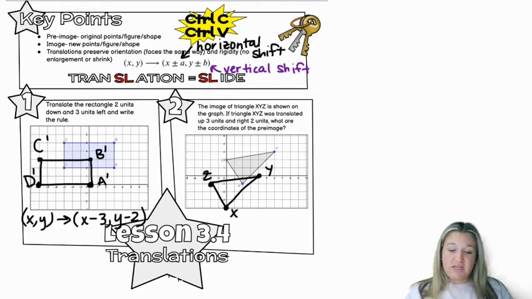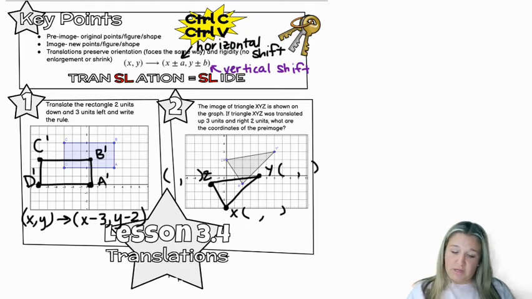Then just labeling these points. Where is the location of these points? That's what we're doing here when we label the coordinates. Y is at (4, 0), X is at negative 4, excuse me, (0, -4). I'm going over 0, down 4.